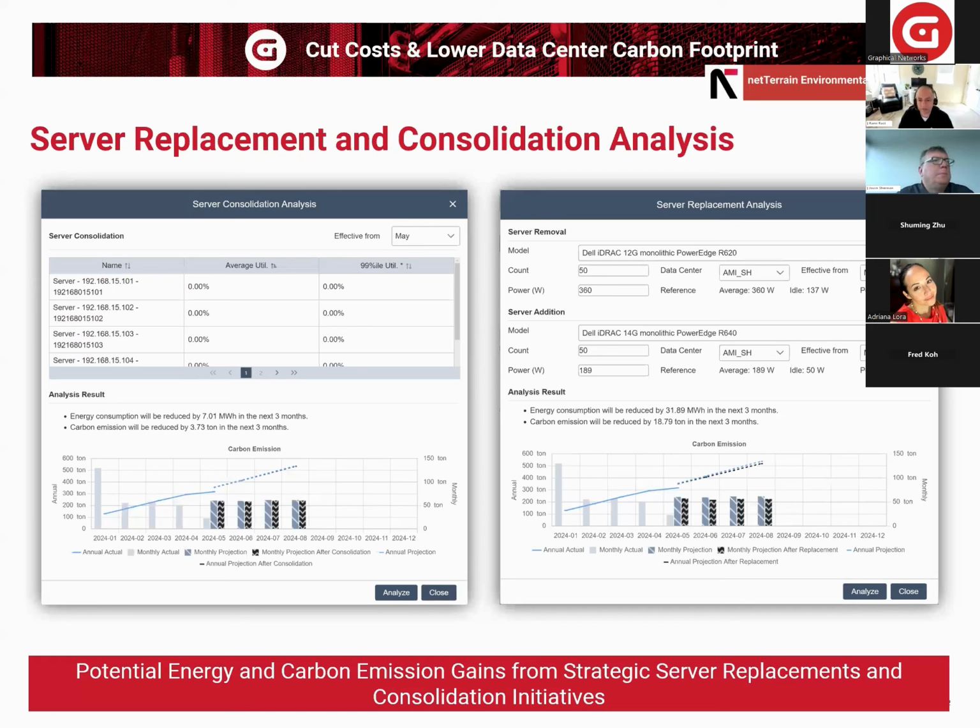So in this case, you're replacing several older, I think, if I can see correctly here, 50 of those older Dell servers that have been running at 360 watts on average, with a newer generation that is running at around 189 watts.